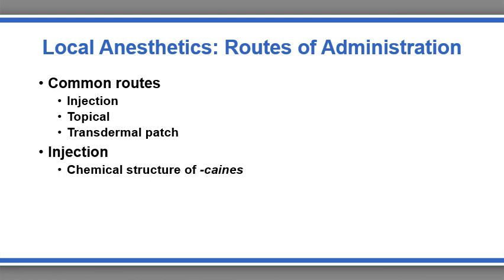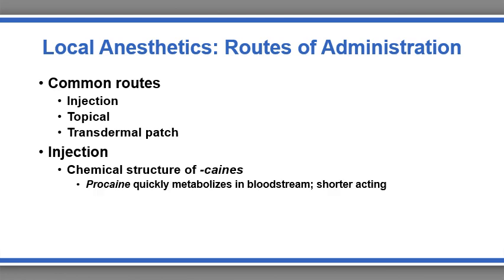So when we talk about injection, the chemical structure of the caines is going to be important here. For instance, we talked about how procaine quickly metabolizes in the bloodstream and is much shorter acting, as opposed to lidocaine, which is a little bit longer in duration. So it's going to be important from an injection standpoint.